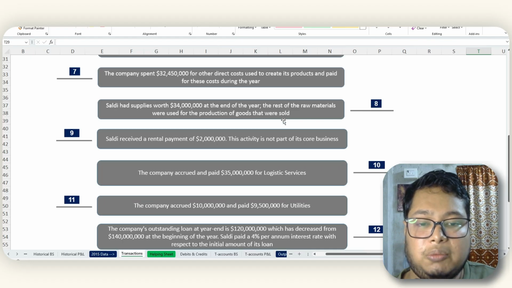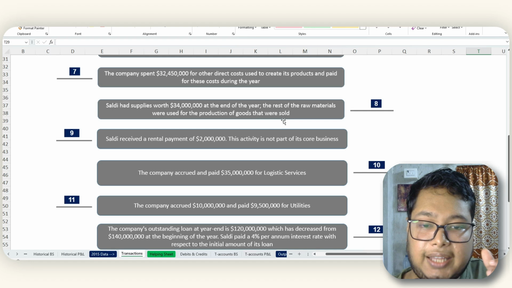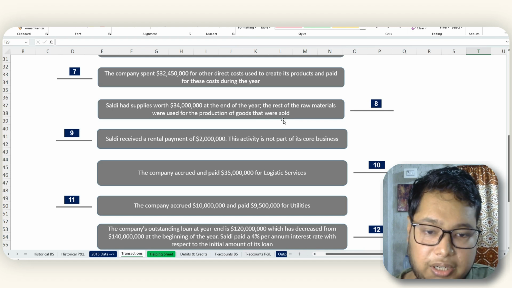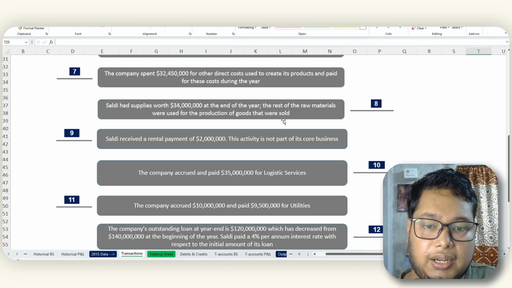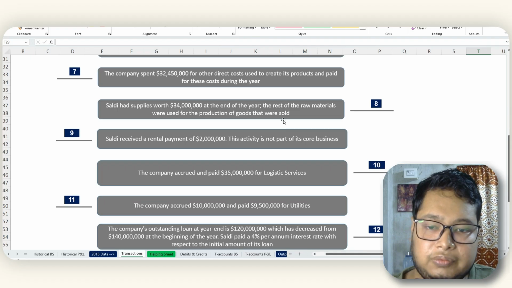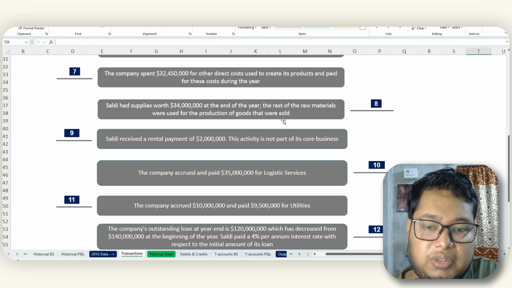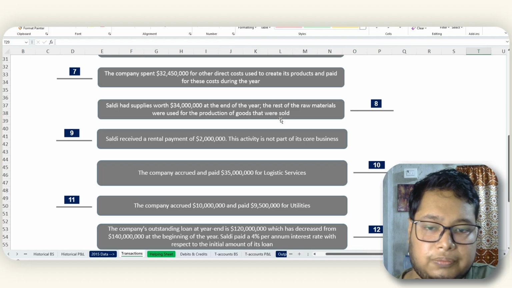So what it is saying is that $34 million worth of raw material or inventory will remain at the end of the year. That is our ending inventory. It has been given, and other than whatever inventory we had, that much we have sold.